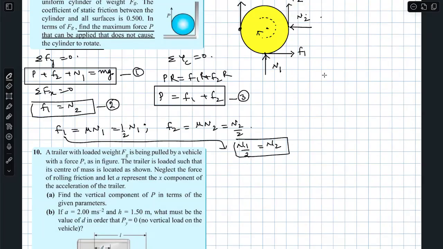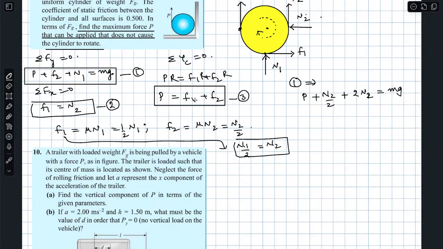Now I'm going to use equation 1. Equation 1 implies P plus F2. Can you please tell me what is F2? F2 is N2/2. Can you please tell me what is N1 now? 2N2 is equal to mg.